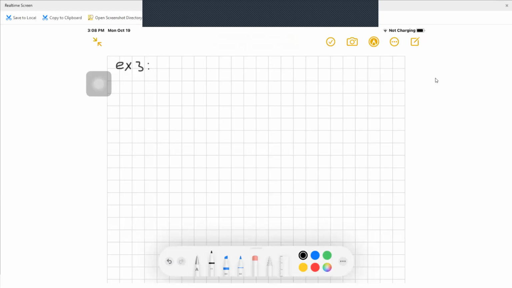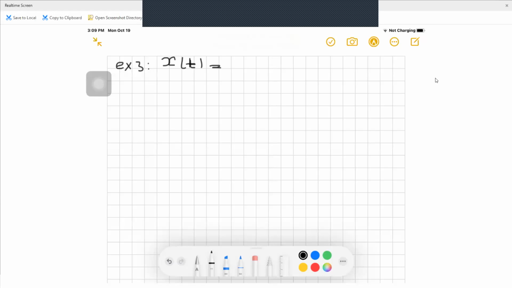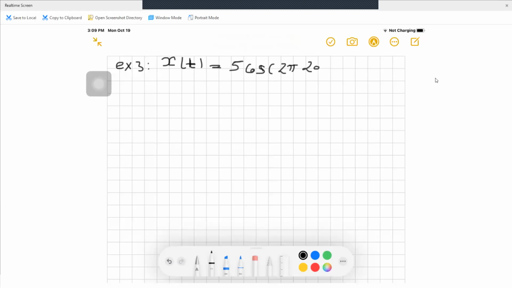We are given the following analog signal, x of t equals 5 cosine 2 pi 2000 t plus cosine 2 pi 5000 t.